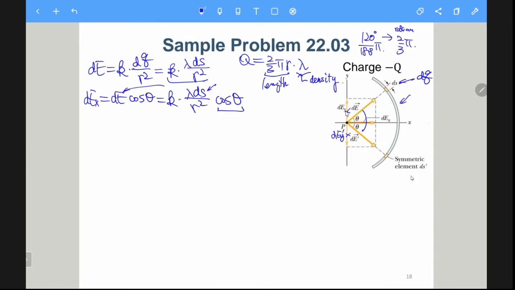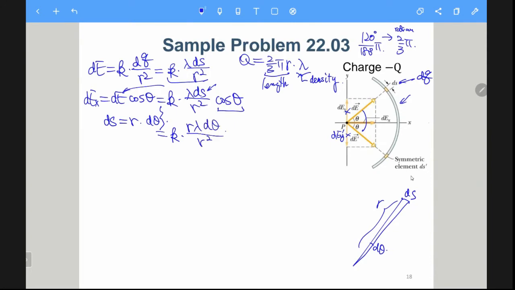So, and you know that, this is ds, this will be d theta. And if the radius is r, so you know that ds should be r times d theta. Okay. So we will have k times r lambda d theta, and then over r squared cosine theta.